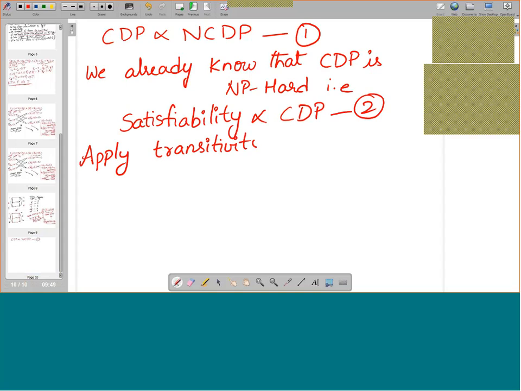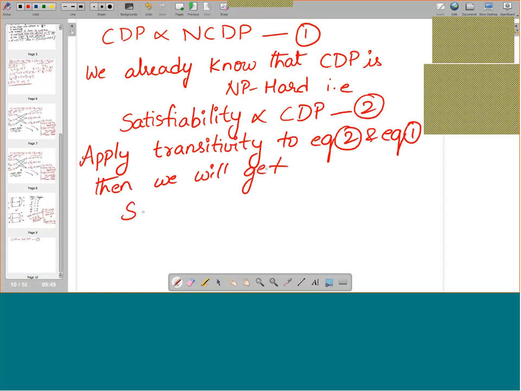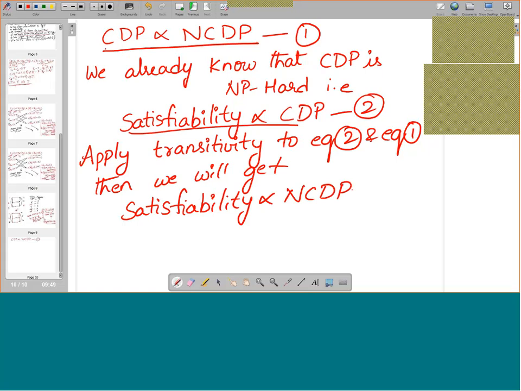Applying transitivity to equation 2 and equation 1, we will get satisfiability reduces to NCDP. So this is equation 2, this is equation 1. So A to B, B to C, then we will be getting A to C.